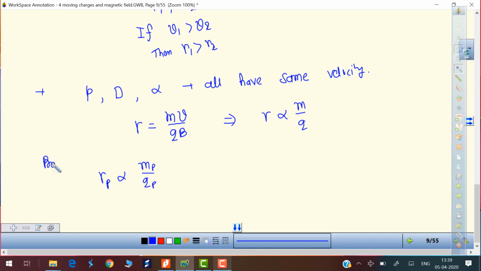For the deuteron, Rd is proportional to mass of the deuteron divided by charge of the deuteron. And for the alpha particle, you know the alpha particle is 2He4.